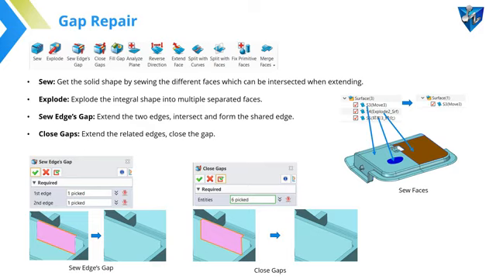Second, explode. With this function, the integral shape will be exploded into multiple separated faces. Third, solve edge gap. With this function, it will extend the two edges to intersect and form the shared edge, as shown in the picture below. After selecting closed edges, the gap will be closed accordingly.